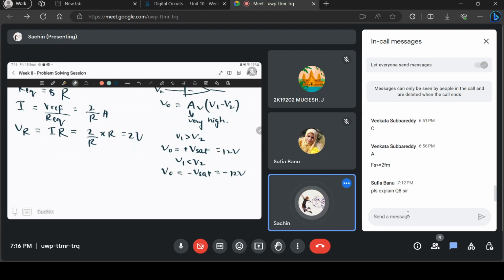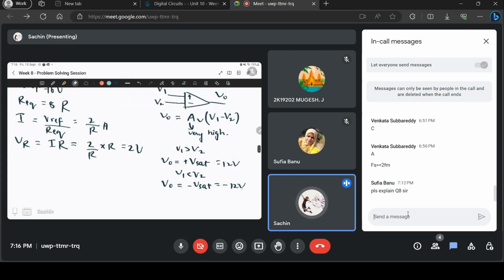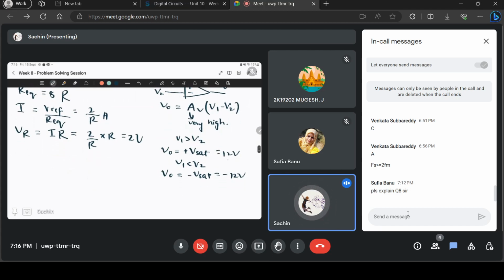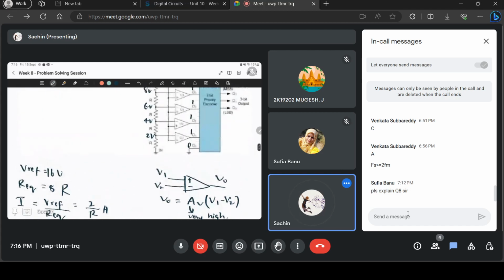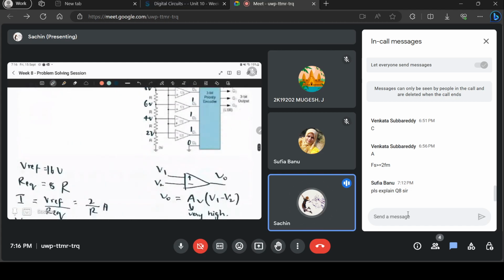It need not exactly go to plus or minus 12, but you can understand this as a logic 1, high voltage, and you can take this as a logic 0. That's all the circuit does.